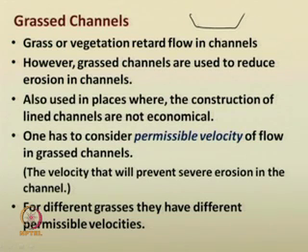But still grass channels can be used to reduce erosion in the channels. We know any bed of the channel, if there is proper grass cover, there is a chance that less material gets eroded from that channel.